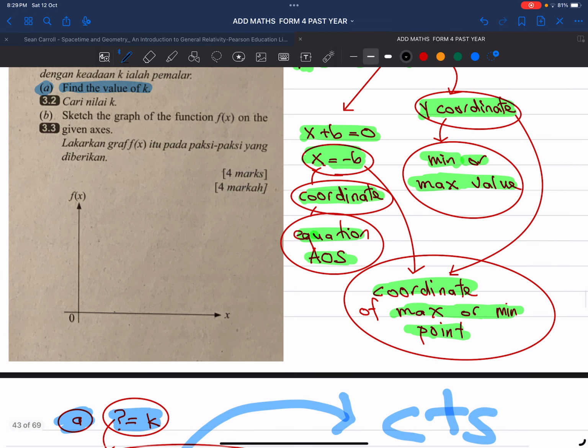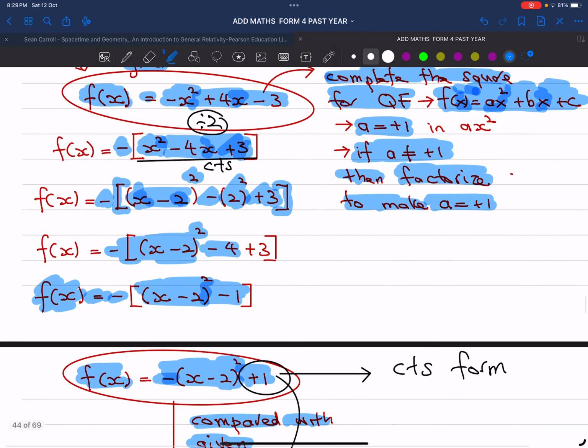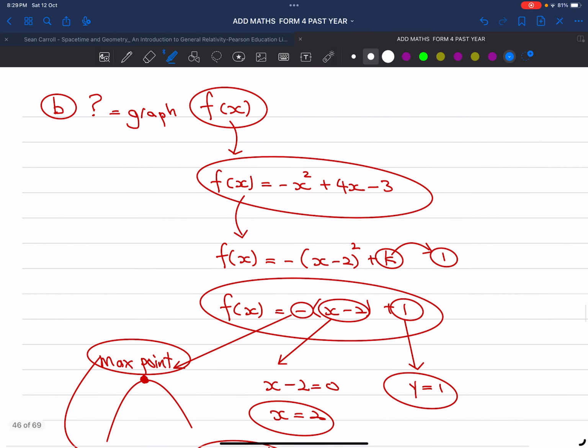The second part says, sketch the graph of the function f(x) on the given axis. So part B, I start here. They are asking, sketch the graph of f(x). But remember, now we have f(x) in two forms.